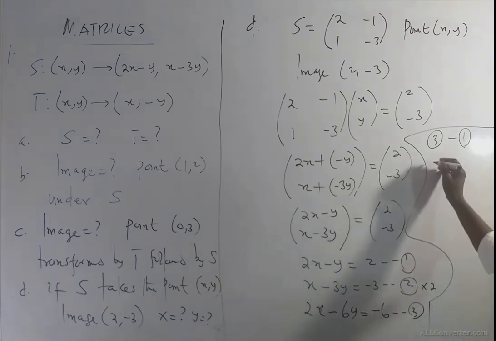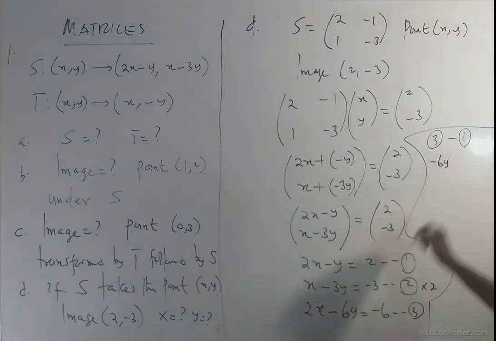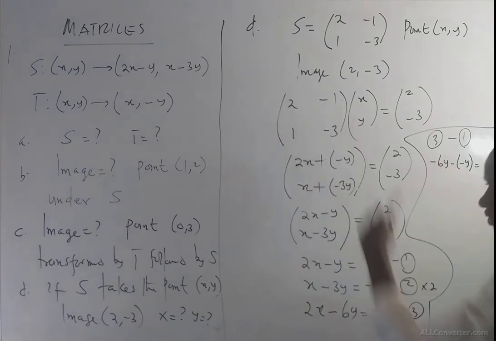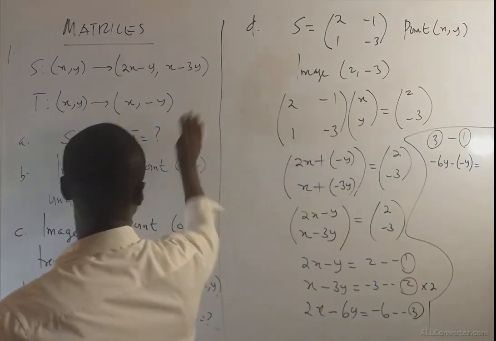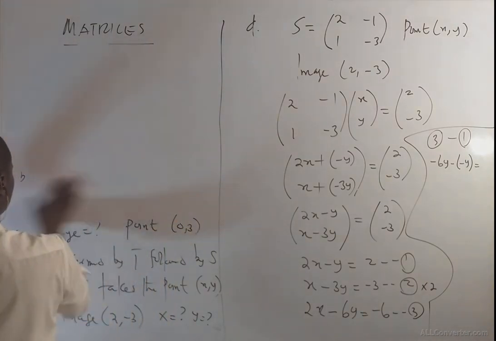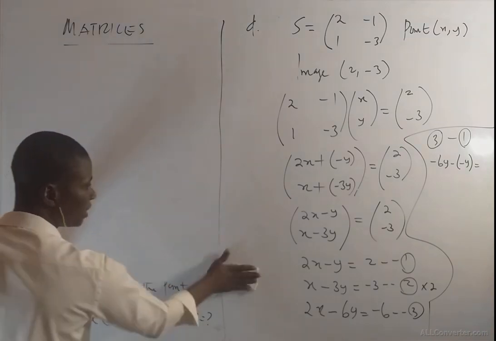Then we have minus 6y minus, don't forget that this is also minus y. Let me take this off and solve it here so that you can understand what is really happening.